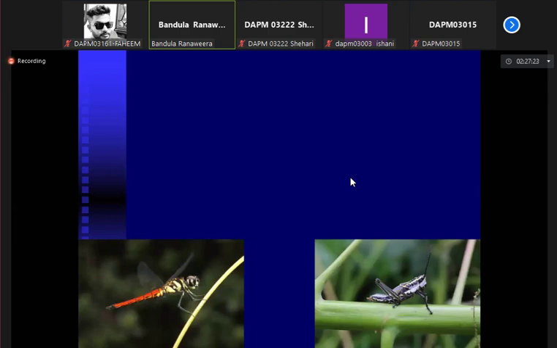Now, looking at these organisms, what can we say as their major features to distinguish insects from other animals? Now, there can be some close relatives of insects, but when you compare with the other groups of animals, what can we say as major characteristics of insects?